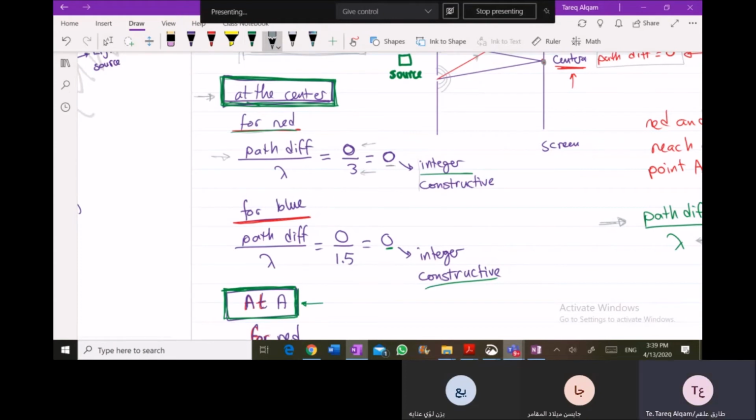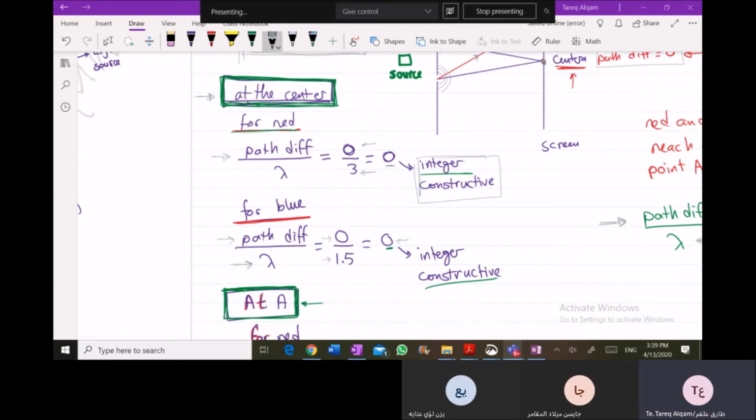That means we have an integer, since zero is an integer, so we have constructive interference for the red, enhancing the color. Again for blue, I divide the path difference over the wavelength: 0 over 1.5. I got 0 also, so this is an integer. In the center, the path difference is always 0, so when you divide 0 by any wavelength, you get 0.